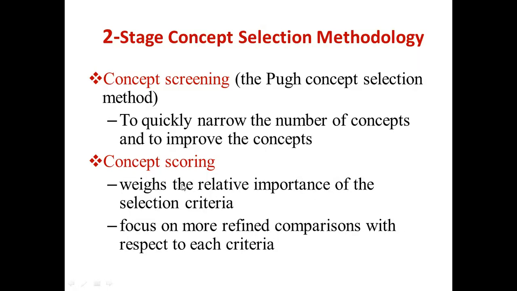The concept scoring weighs the relative importance of the selection criteria, focusing on a more refined comparison with respect to each other. So we are giving a score to each and every component by comparing with the others. Whichever gets the highest score, you can select for the further process.